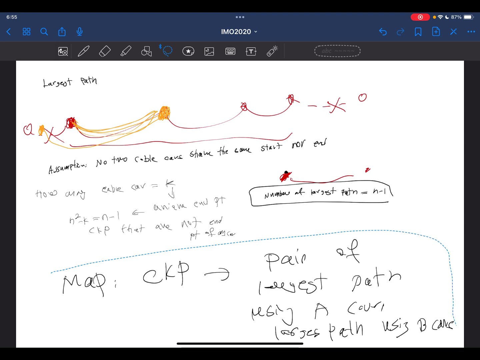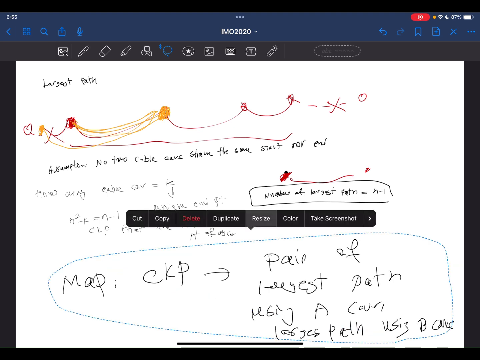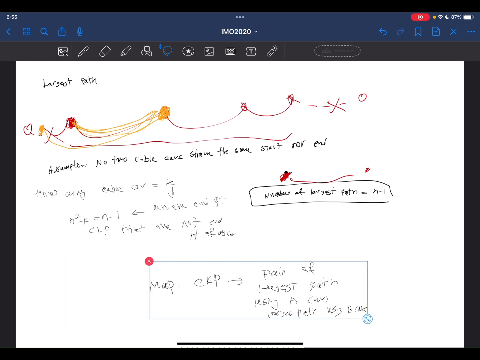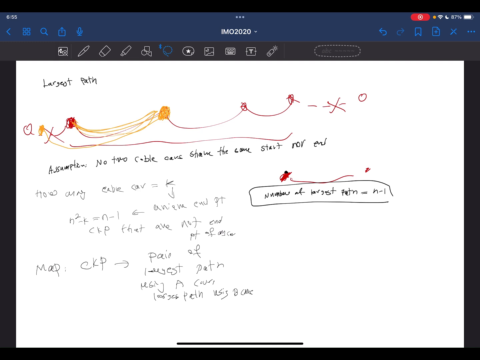Basically because each checkpoint must lie inside exactly one, not at least one, largest path using A cars, and also a unique largest path using B cars. Now notice that I have n squared checkpoints, and I have n minus 1 squared pairs of largest path using A cars and largest path using B cars.